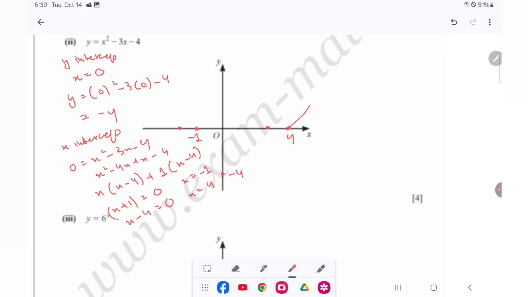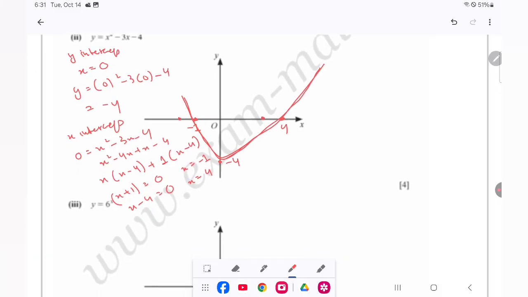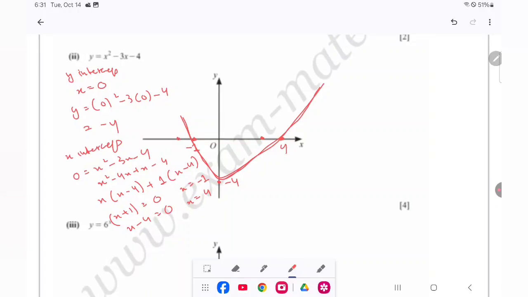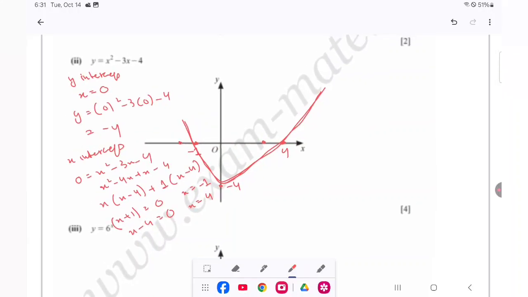Connect these points. A graph something like that. This is the answer of our second part.